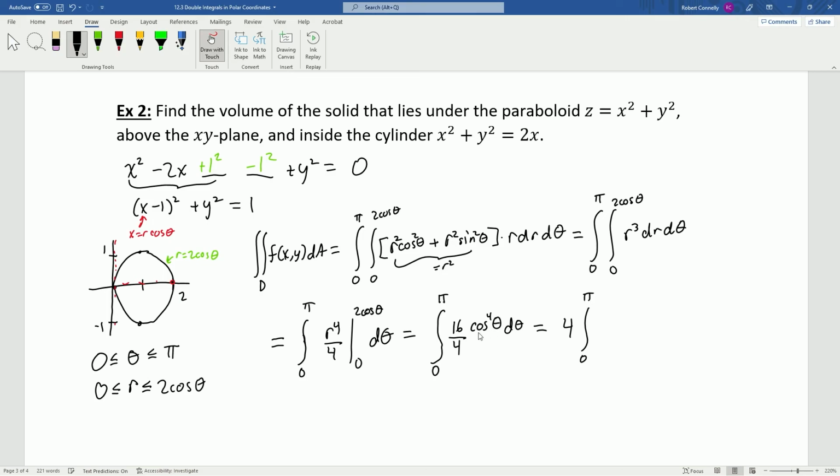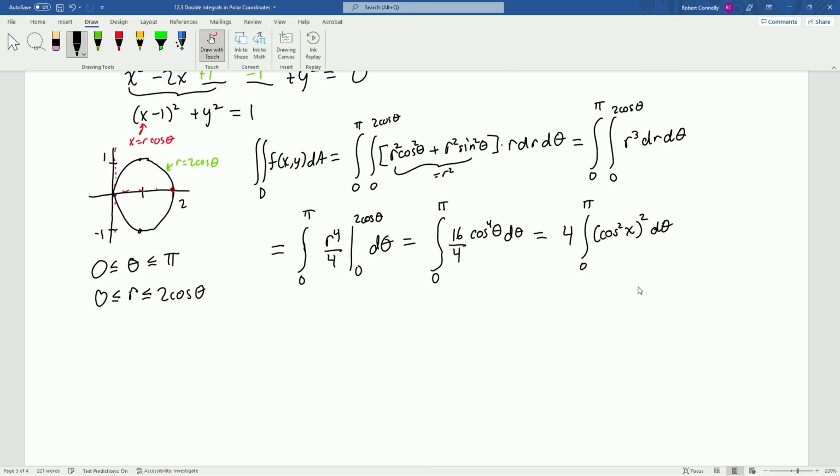Now to evaluate cosine to the 4th power of theta, I need to use a power reduction formula twice. So I have to treat this as cosine squared, squared. And then cosine squared of theta is going to be 1 plus cosine of 2 theta over 2, squared.